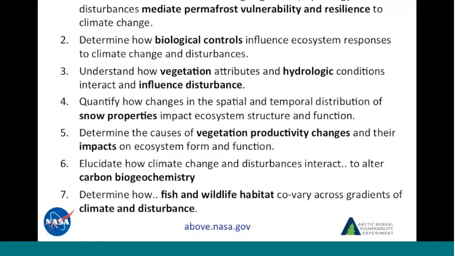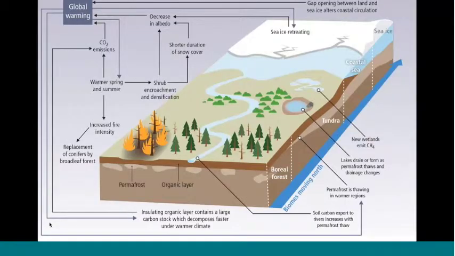So this includes things like Arctic greening, areas where we see boreal browning, in other words, declines in productivity. And then objectives related again to carbon biogeochemistry and fish and wildlife habitat and their interactions and patterns and gradients with climate and disturbance. So those are some of the objectives we're focused on.